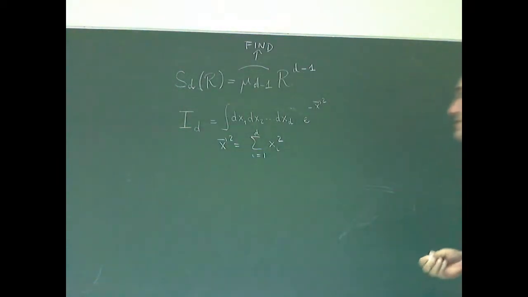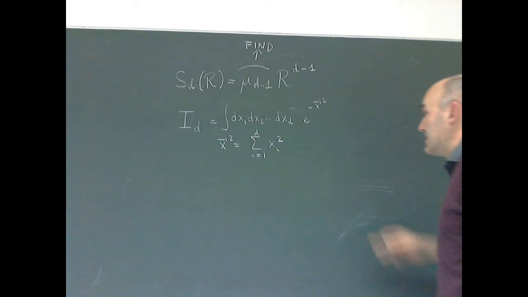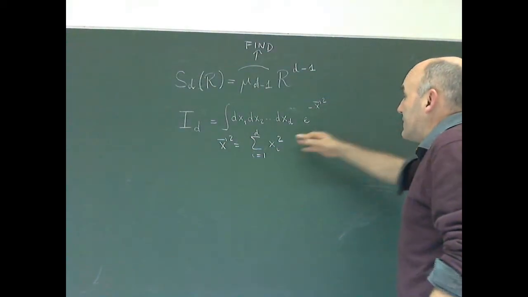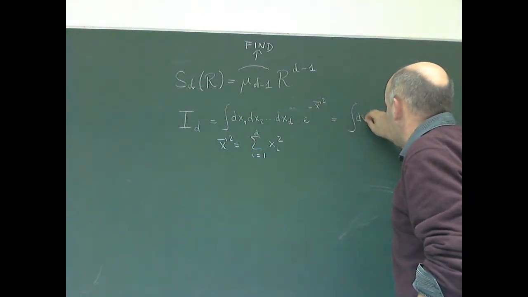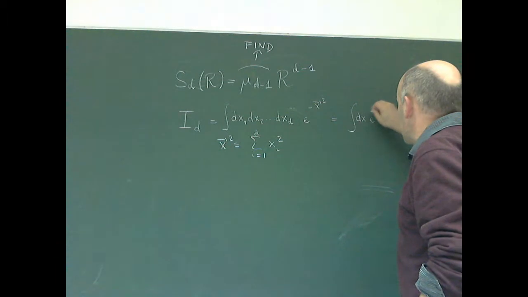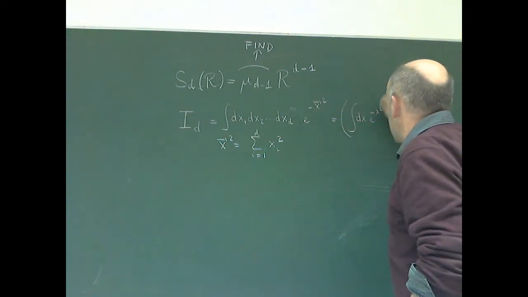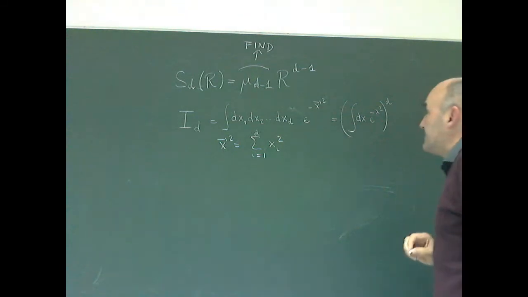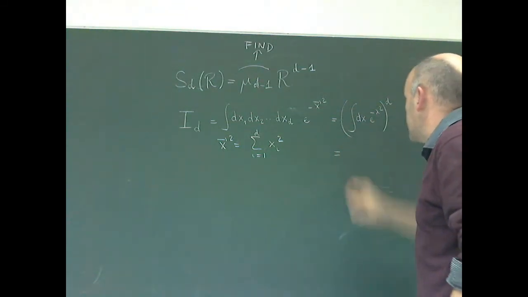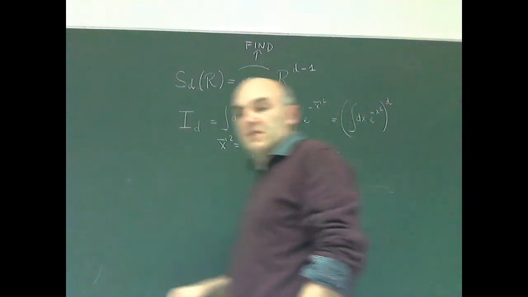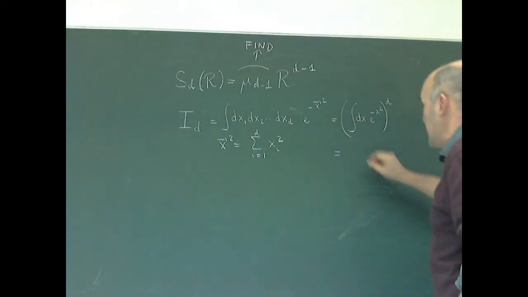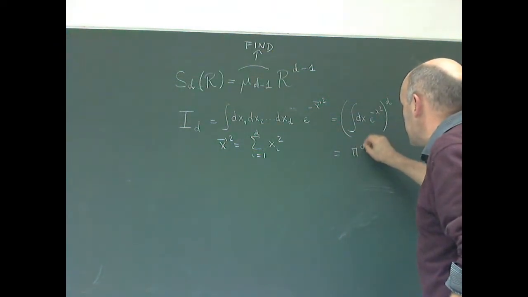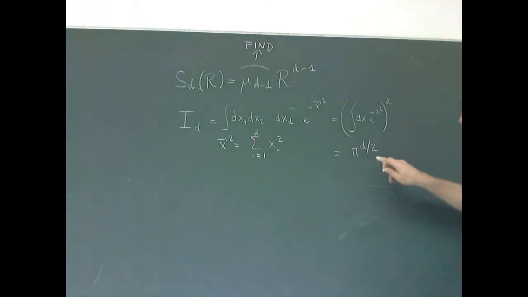This integral is trivial to calculate, because the exponential of this sum of squares factorizes, and the integral becomes the integral over only one x of exponential of minus x squared, to the power d. It is a Gaussian integral, which gives the square root of pi. So what we get from this integral is pi to the power d over 2.